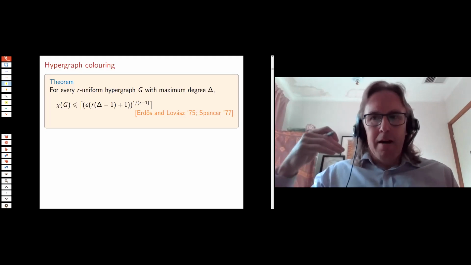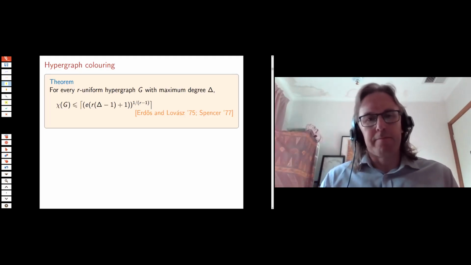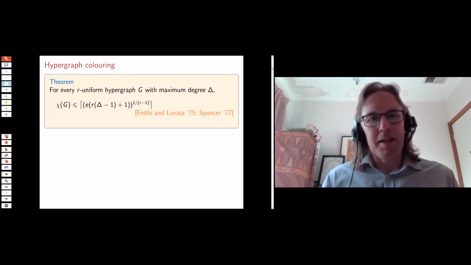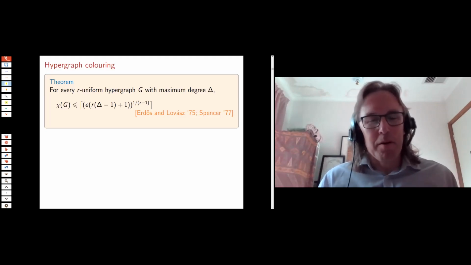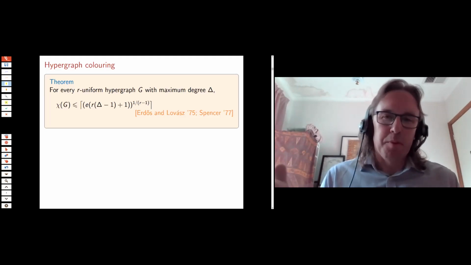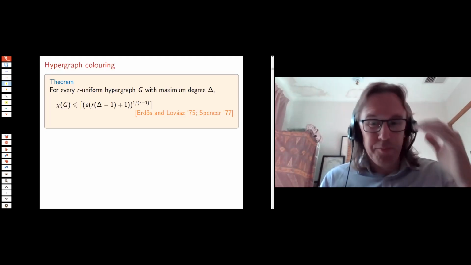So as r increases, the exponent decreases, and colorings get easier as the size of the edges increases. If you color the vertices randomly, then the probability of getting a monochromatic edge goes down as the size of the edges increases. So that's why the exponent there is 1 divided by r minus 1, and that exponent is best possible.